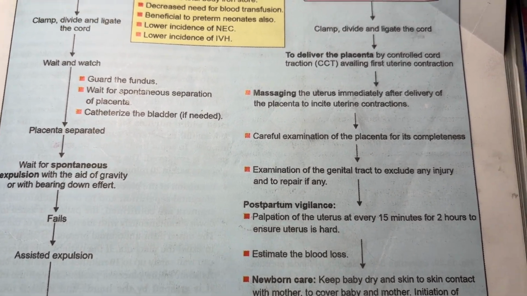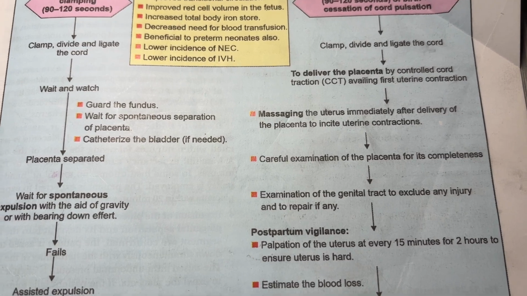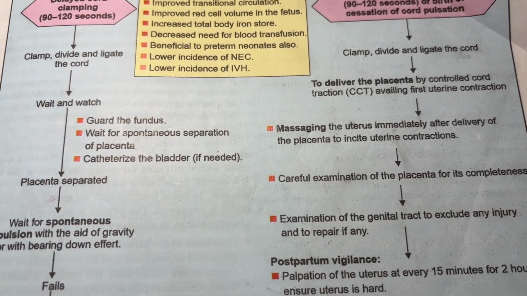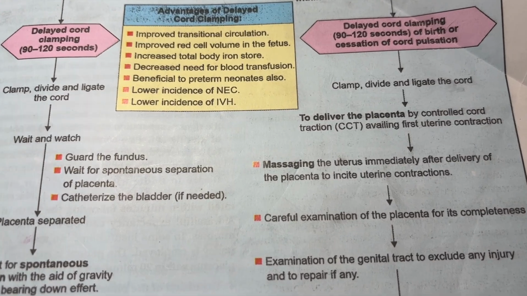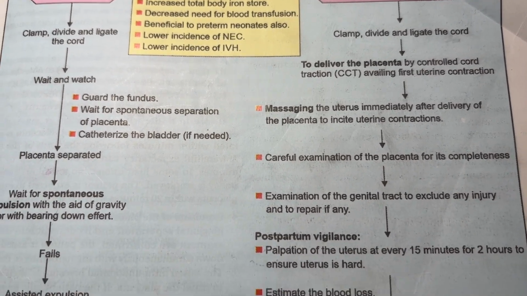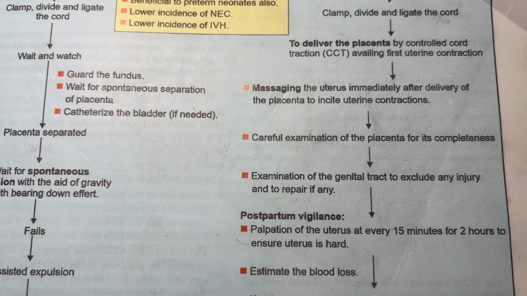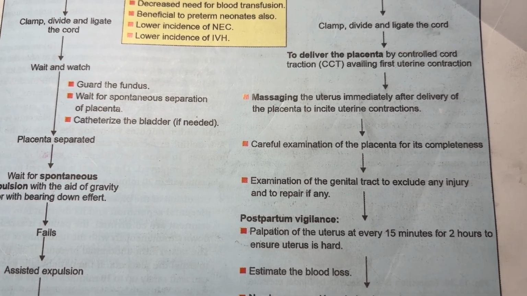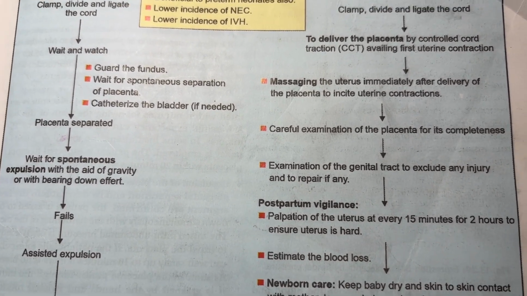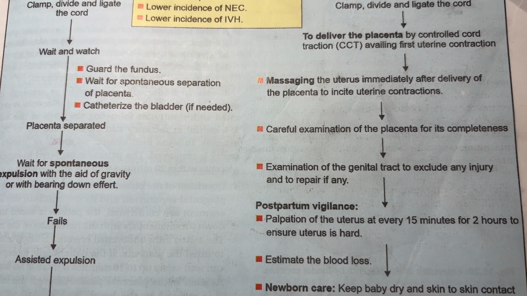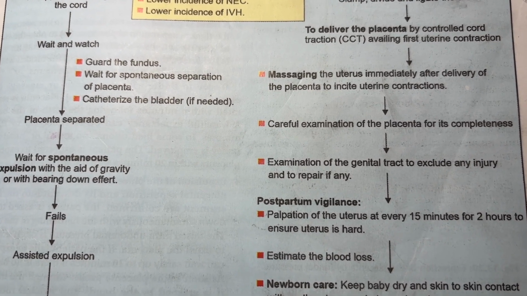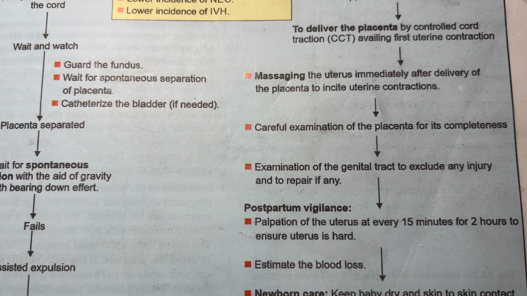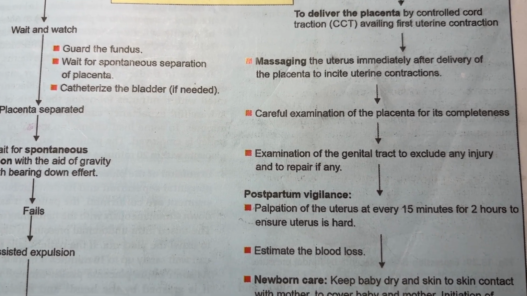Then the mother's vulva area, that means vaginal examination, and examination of the genital tract to exclude any injury and to repair if any. If during labor there is any injury, then we have to dress and repair that. Examining the genital tract is important.